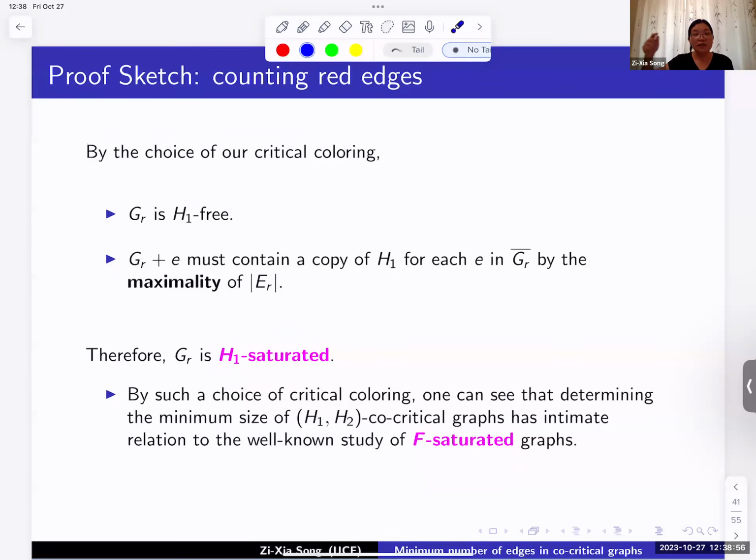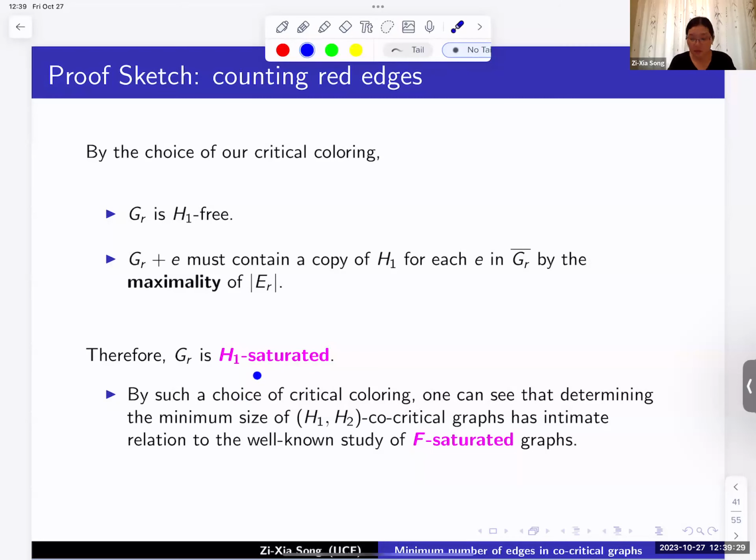If I recolor such a blue edge to red, I must have a red H1. If this edge e is not colored blue, it's not in my graph G at all, so it is a missing edge of G. Because my graph G is co-critical, adding any missing edge, it no longer has any critical coloring. So with this choice, my red graph is simply H1-saturated.